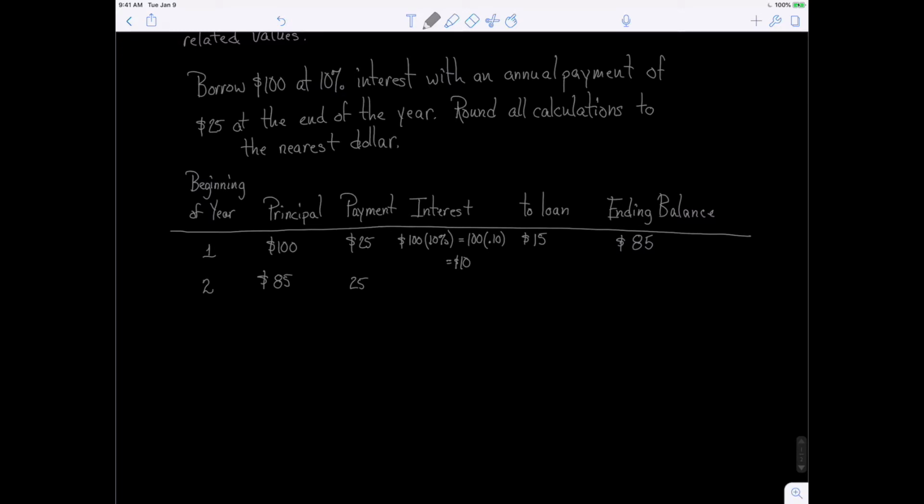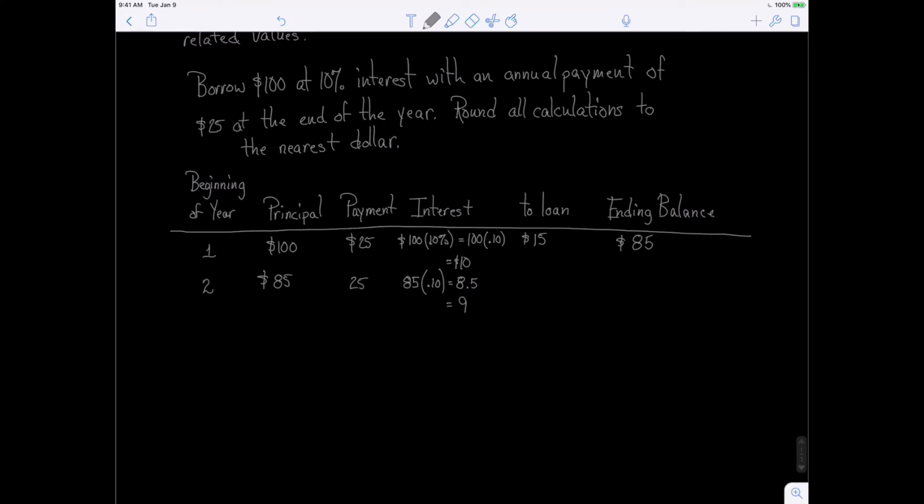Okay, so at the end of year 2, we first have to pay our interest. Now we're going to pay 10% interest on the $85. So that's $8.50, and we should round to the nearest dollar, so we would pay $9 in interest.